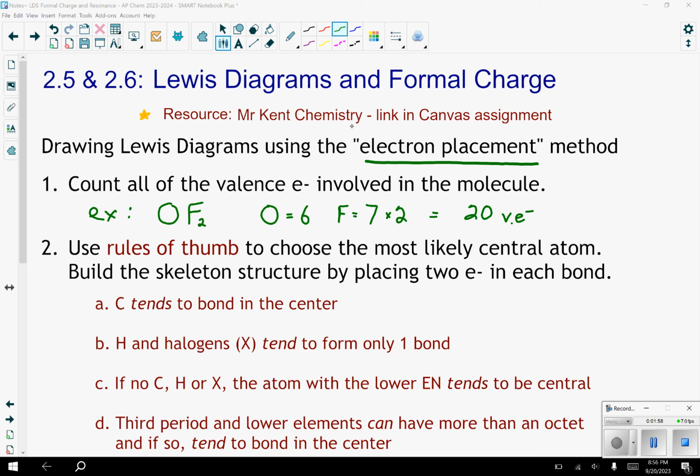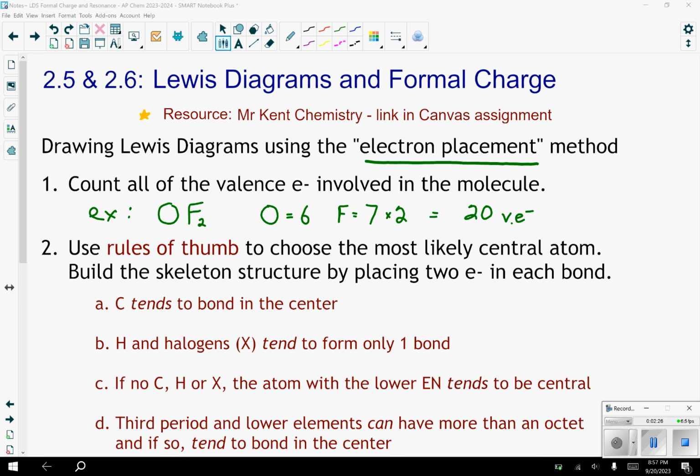It has many short 1-minute Lewis dot structure videos where Mr. Kent goes through the drawing of Lewis dot structures for probably 30 or 40 different molecules, and he explains it very well. So if you need a little extra assistance, please check out Mr. Kent Chemistry. But now to my notes.